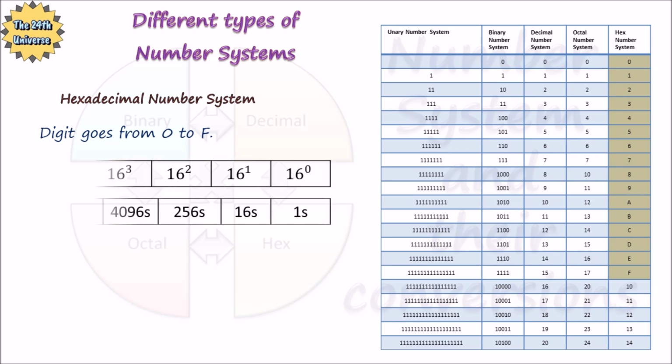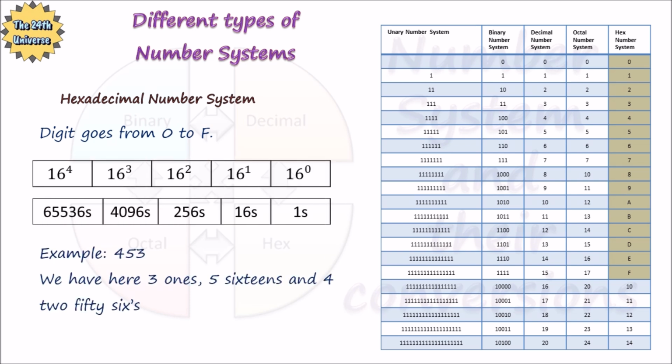Since in this system each digit of a hexadecimal number has 16 values, each additional digit represents an increasing power of 16. Example, in 453, we have 3 ones, 5 sixteens and 4 256s.